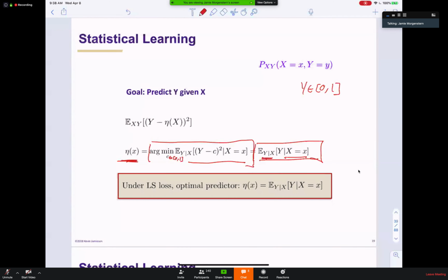So if we know a particular x, a particular date of sale, and we're trying to minimize our squared error for that, and we actually knew this distribution p x y, we'd want to predict the average sale price of a house with that date of sale drawn from the original distribution.